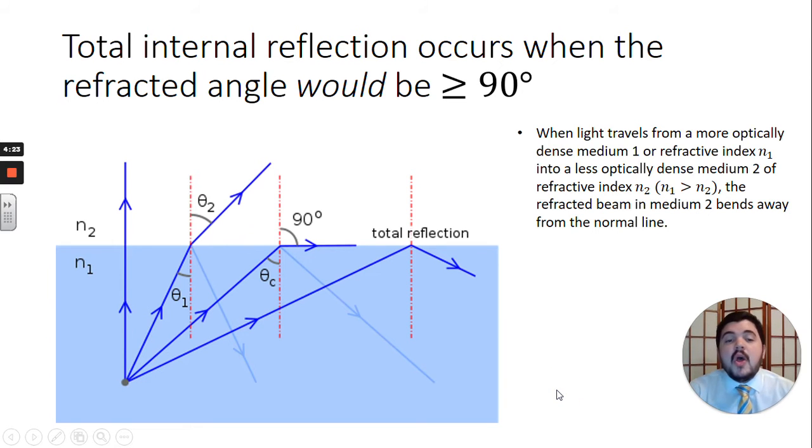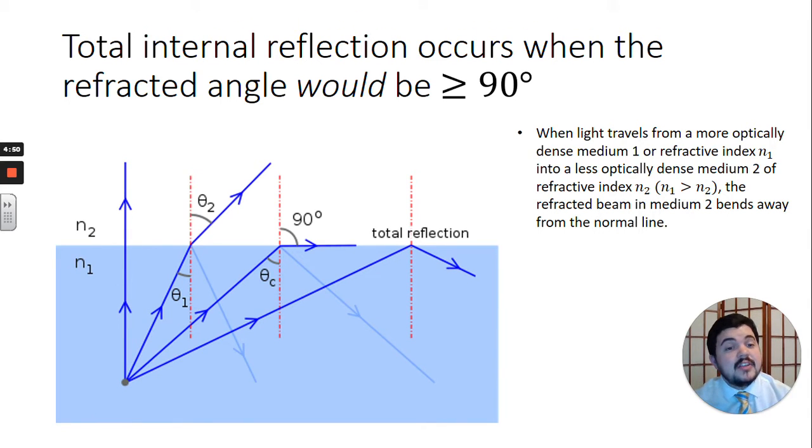So let's recap. When light travels, look at the top first. Total internal reflection occurs when the refracted angle would be greater than or equal to 90 degrees. So when light travels, and this has to go from a more optically dense material to a less optically dense material, so from glass to air is the only way this is going to work because the light has to bend away from the normal more after it transmits out.